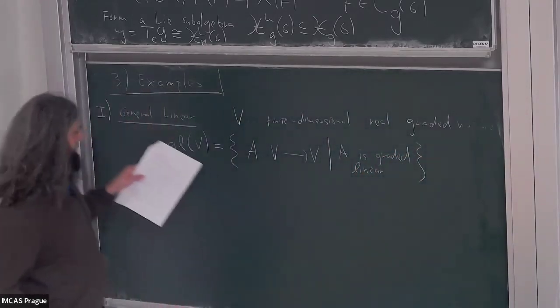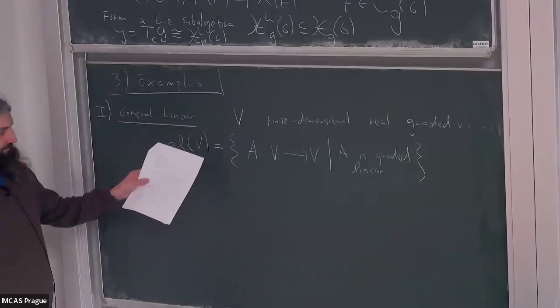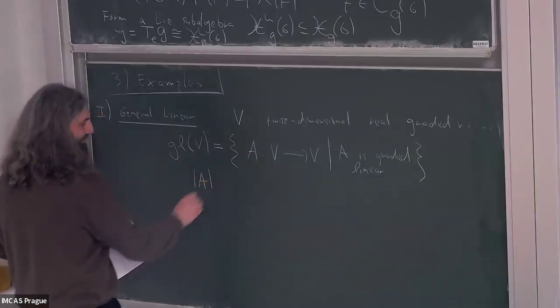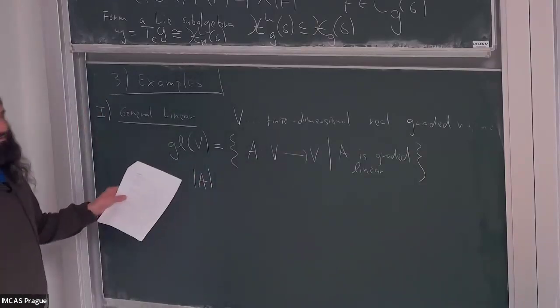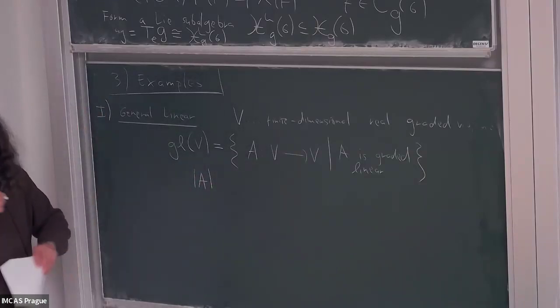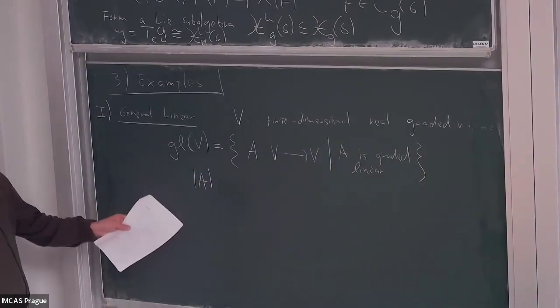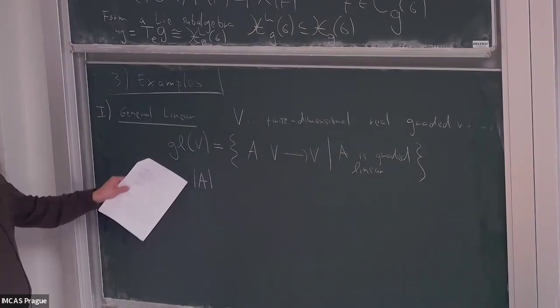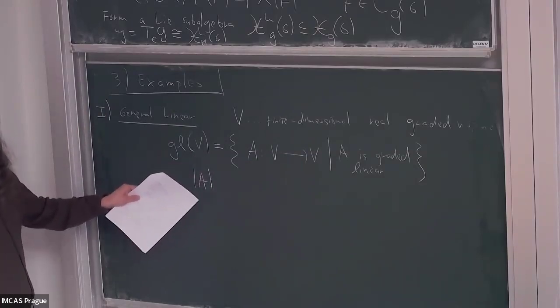Okay, so this is a graded vector space because each graded linear map, especially in our viewpoint, because we only consider homogeneous elements of everything. So we only consider the homogeneous maps, so maps which have well-defined degree.